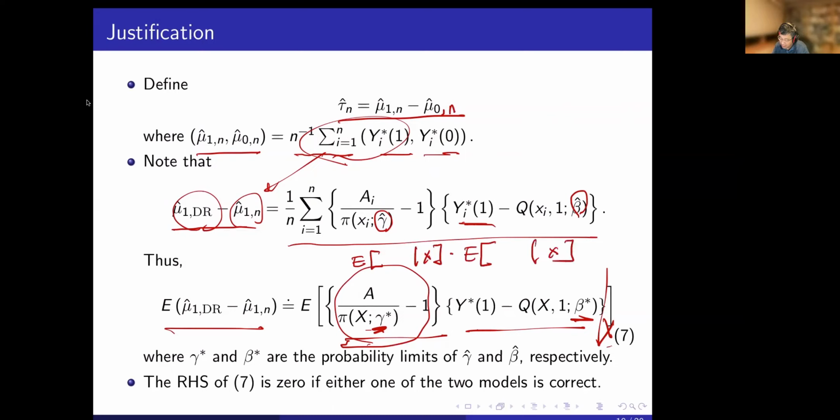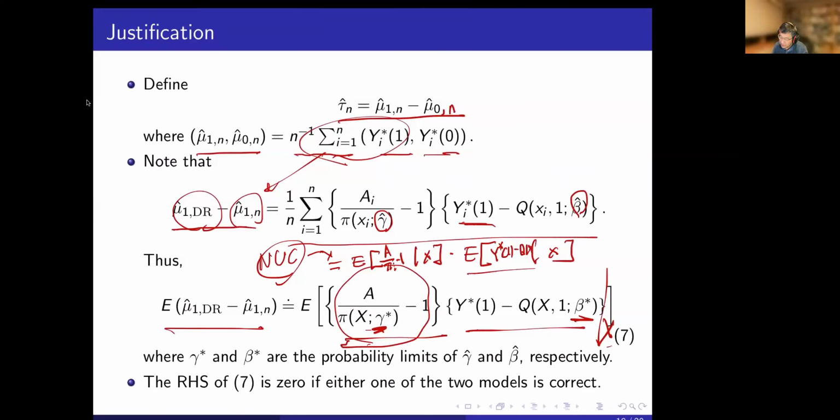By the way, why do we have this one? This is because of the conditional independence assumption, I mean NUC, no unobserved confounder.